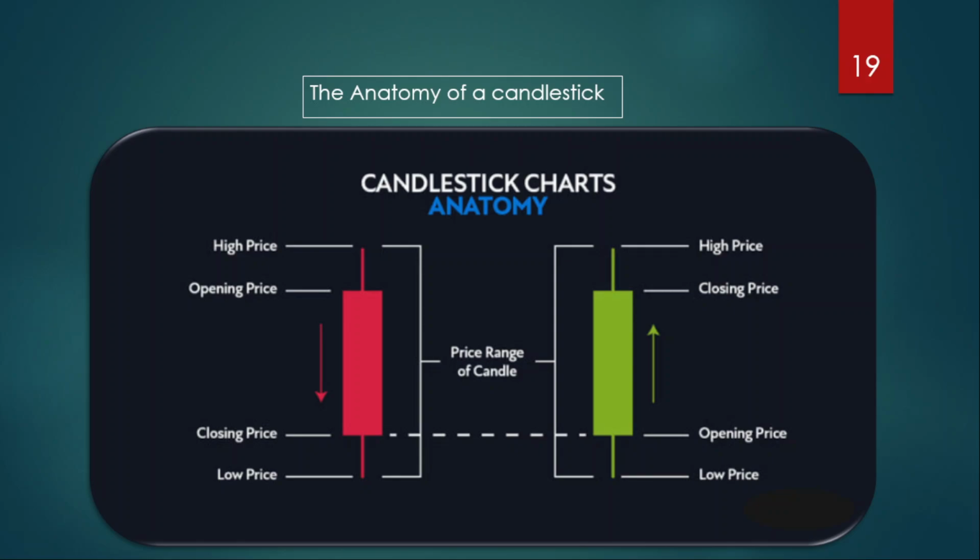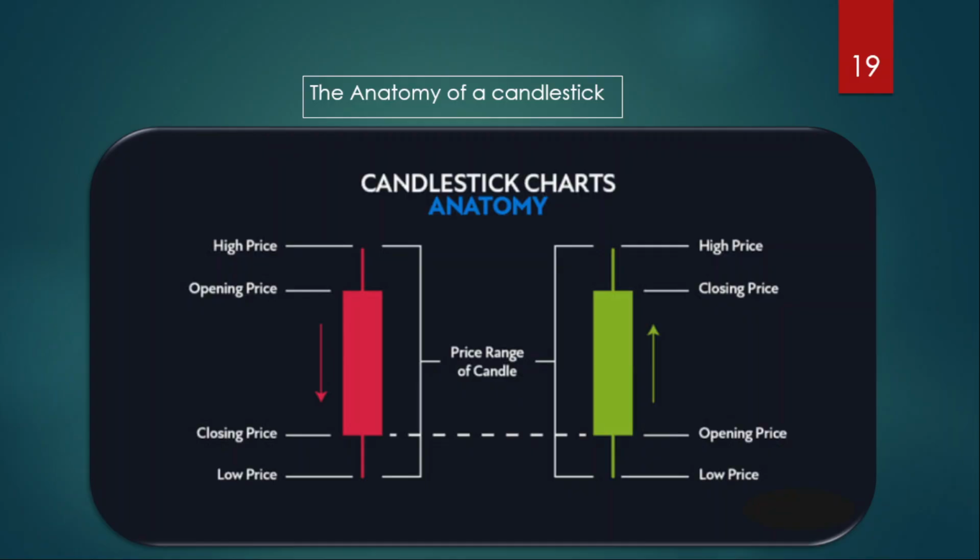We have what you call a bearish candlestick, which is the red candlestick, bearish for the movement of the market to the downside, and bullish for the movement of the market to the upside.